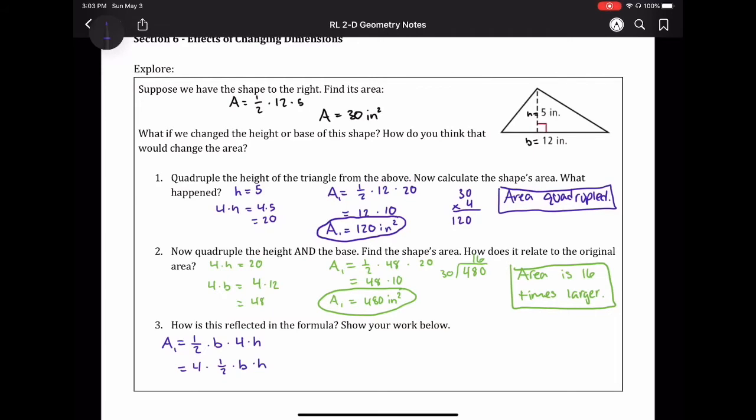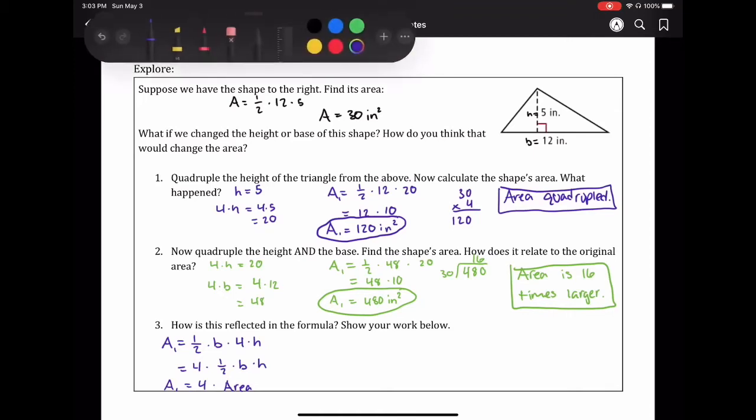So what I really have here is that my new area is equal to 4 times the original area. That's what my formula says. So when you're just changing one side, the area changes by the exact same amount.